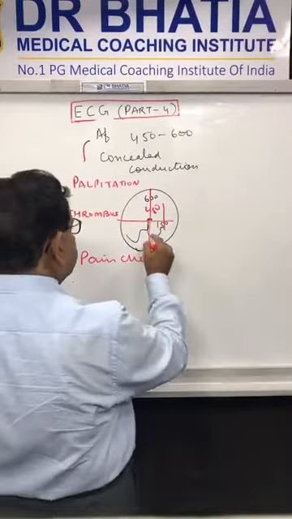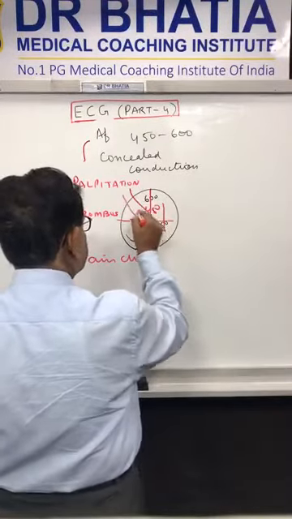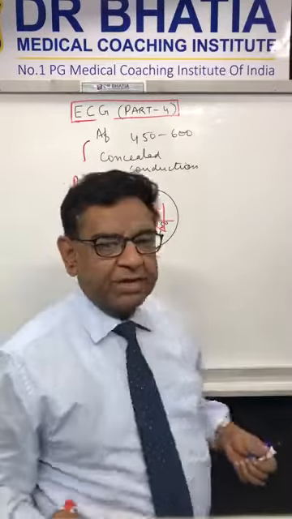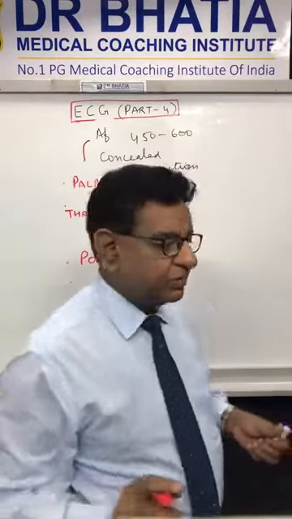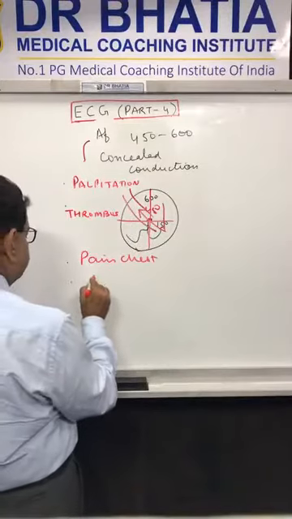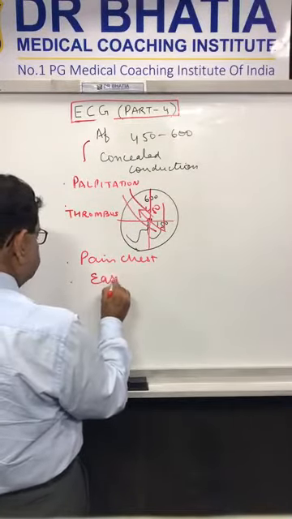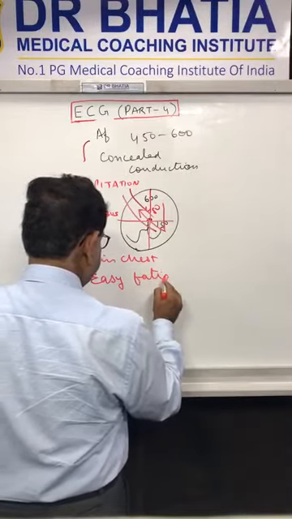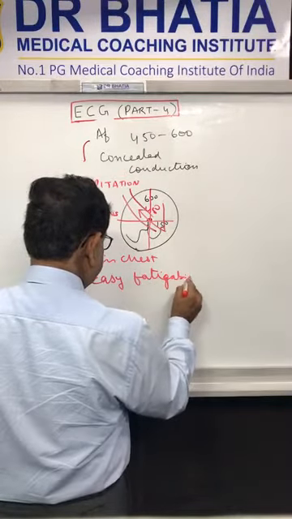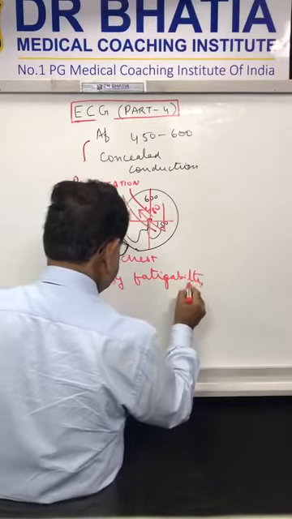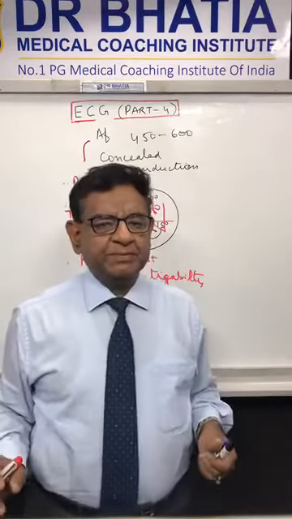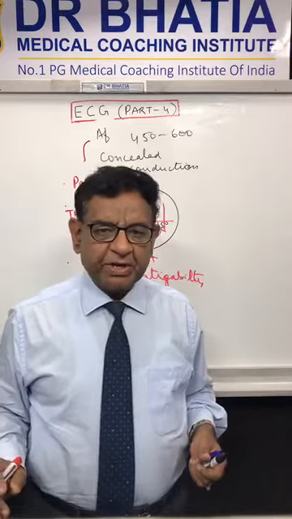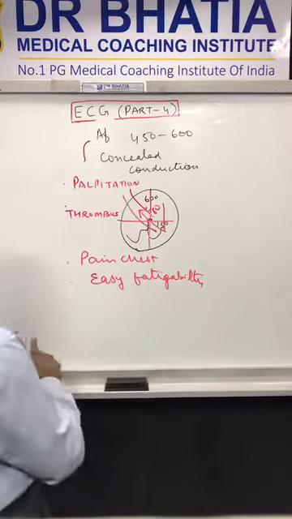So in the next cycle, in the next systole, the amount of blood entering the aorta is further reduced, which leads to easy fatigability. So these are the few symptoms we get in a case of atrial fibrillation.